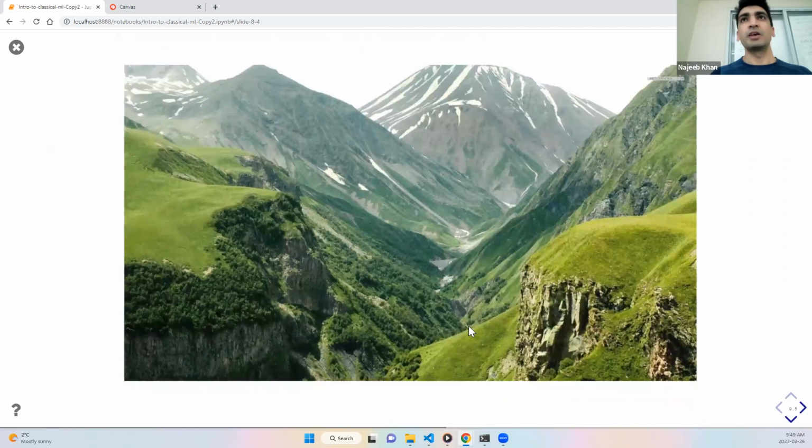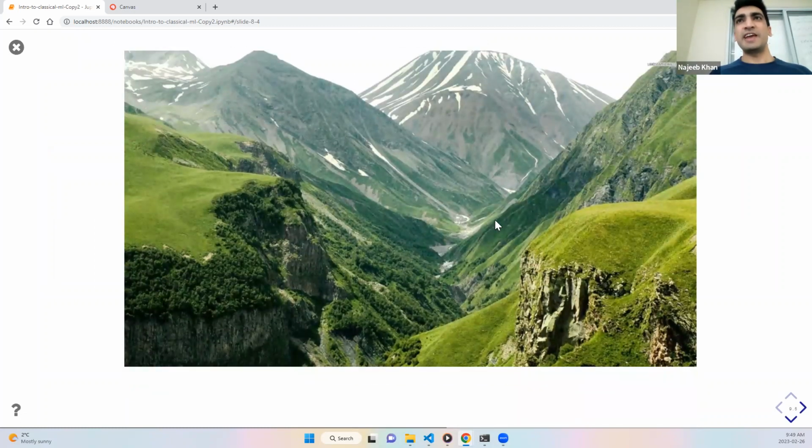So let's look into what gradient descent is. Imagine this is the landscape of the loss function, and let's say you are standing right there at the top, and this is the cost function, and your goal is to get to some goal state, like let's say this is the minimum of the cost function.